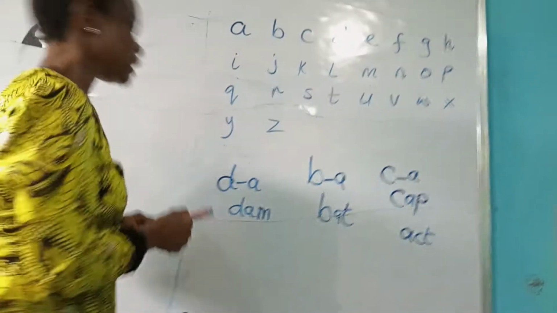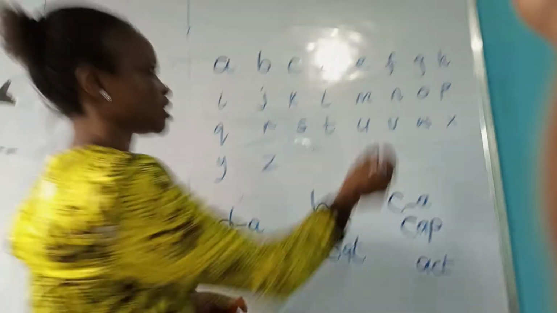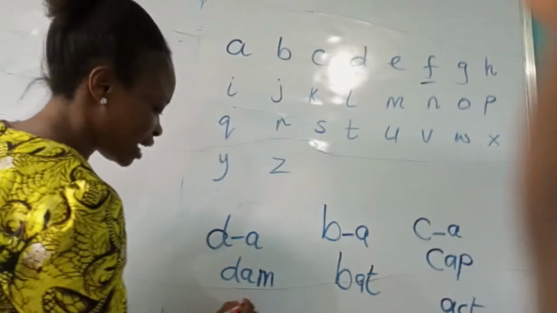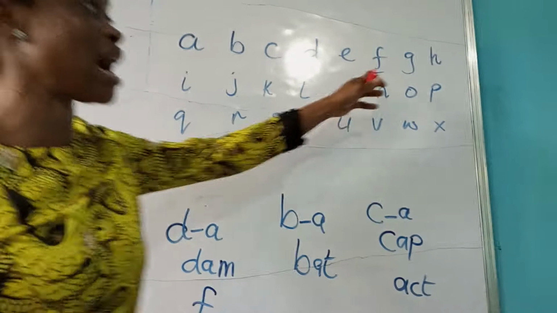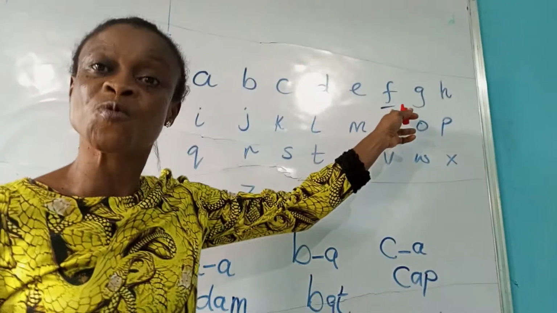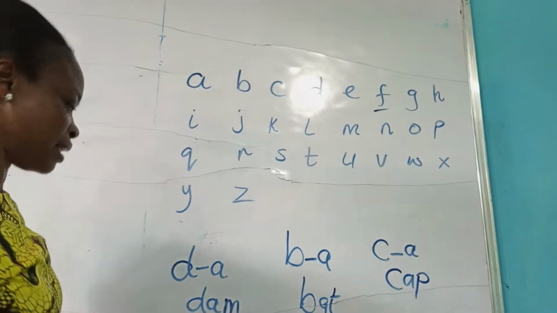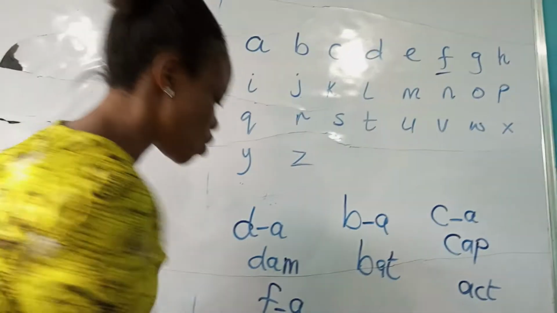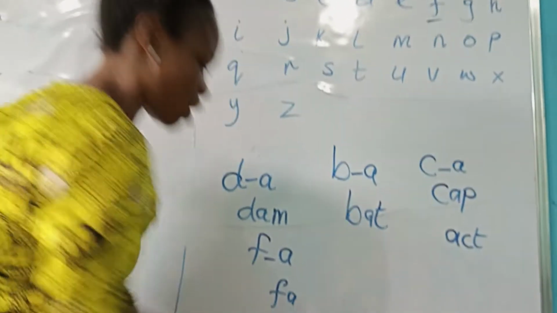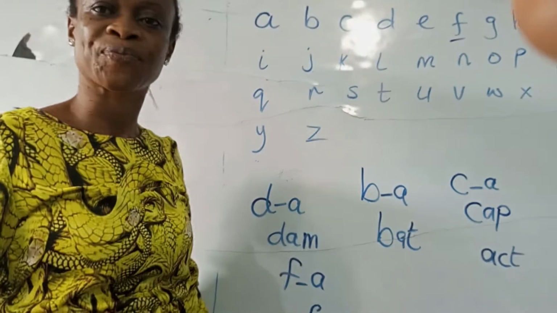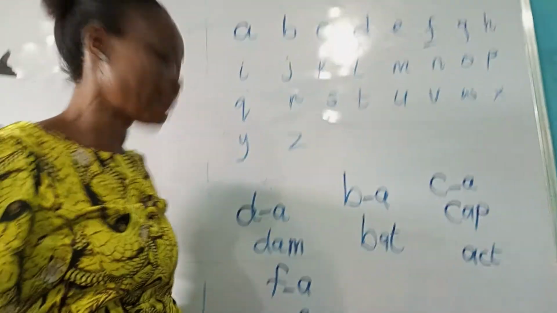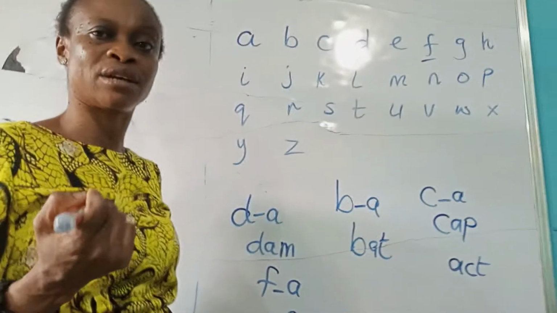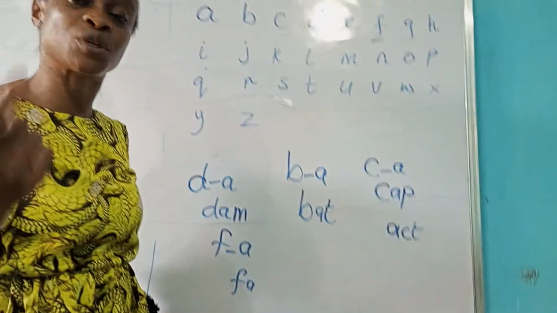Let's continue. The next consonant is letter F. Letter F has the sound F. When we write letter F and join it with sound A, we're going to have a double sound known as fa. And then we can add just a single letter to have an English word.